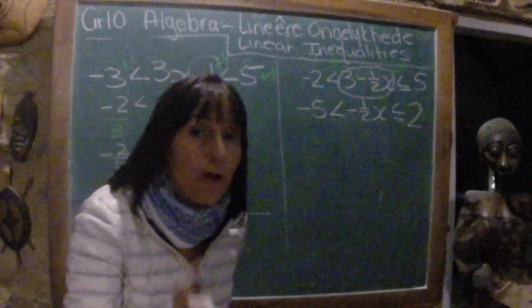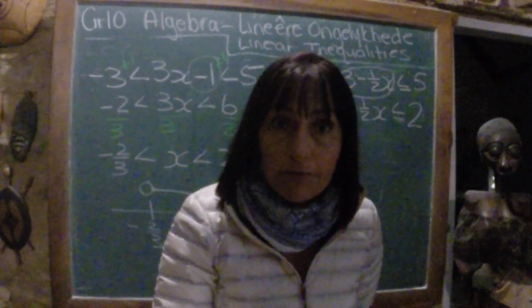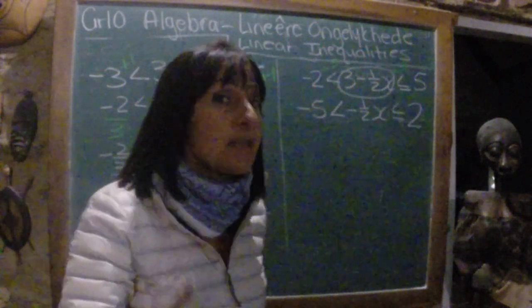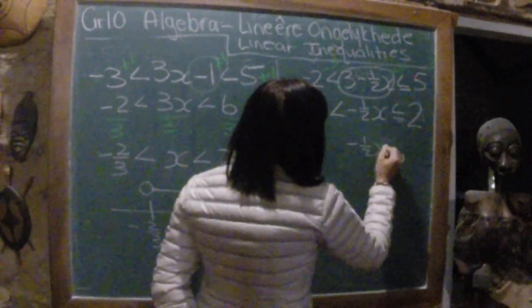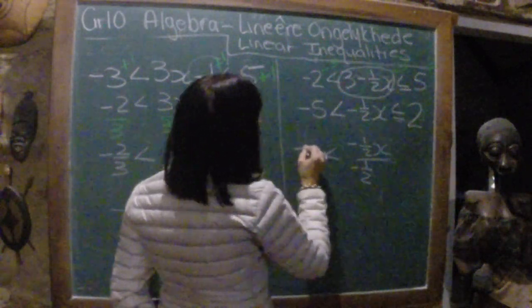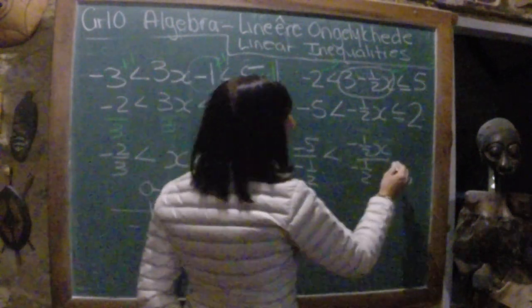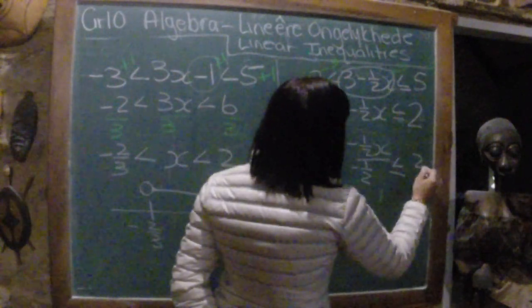Now, be careful. I've got to divide by a negative. So I've got to rewrite it before I divide. Rewrite. Divide. I'm dividing all over the place, want wat ek aan die middel doen, moet ek aan die twee kante ook doen.